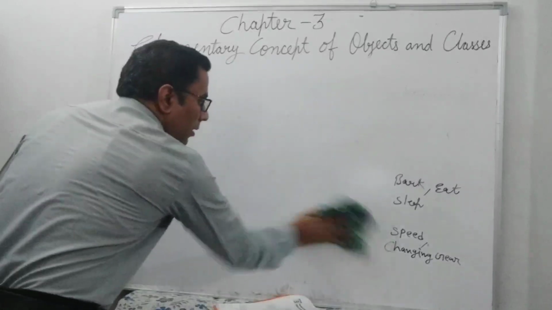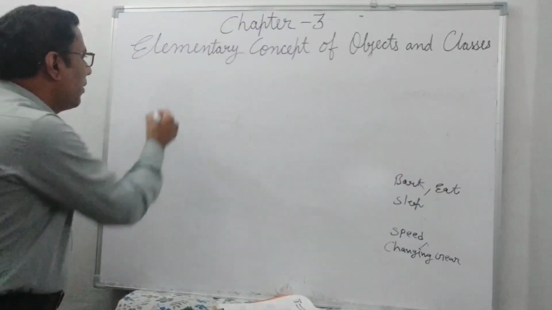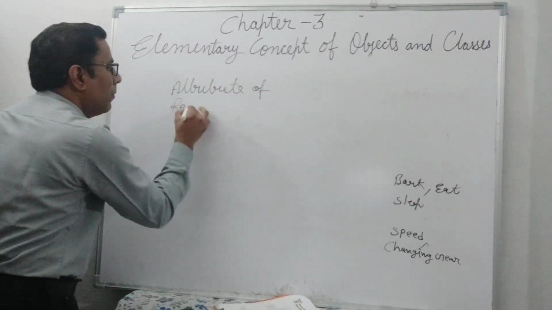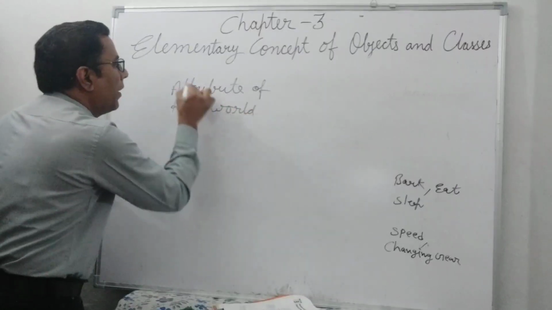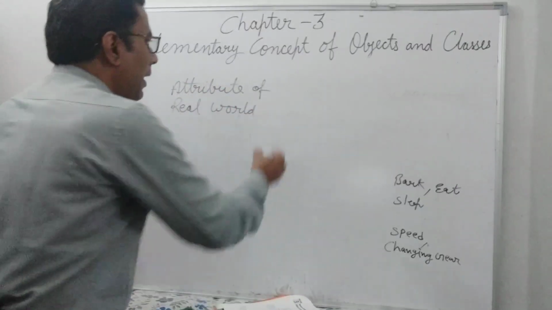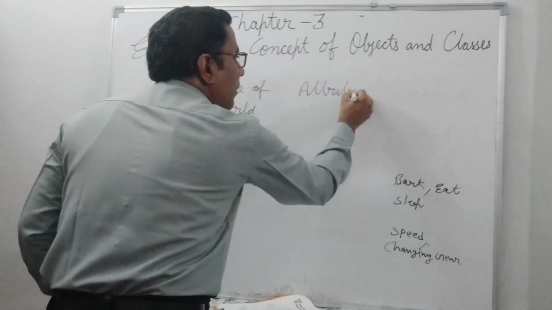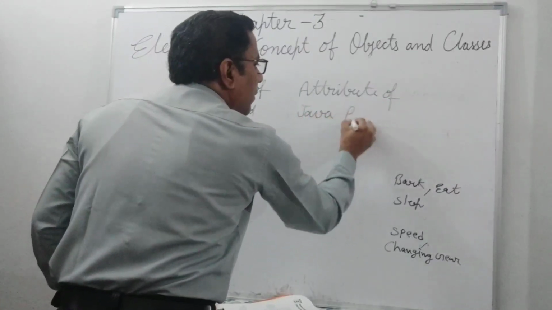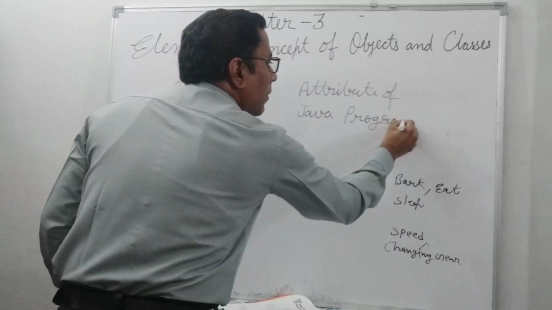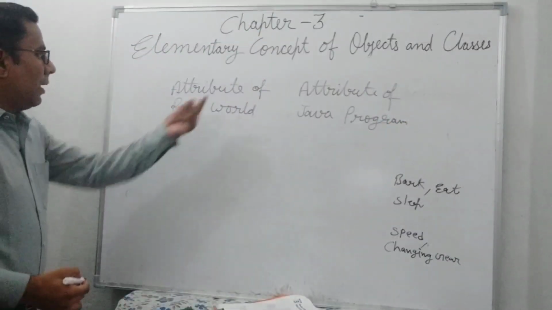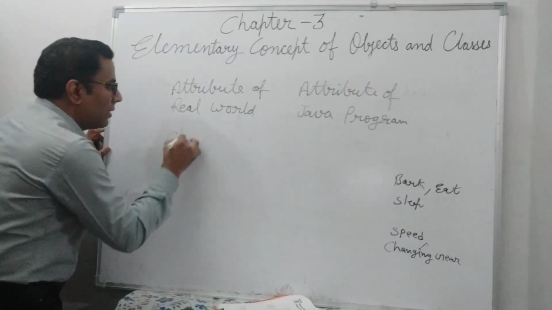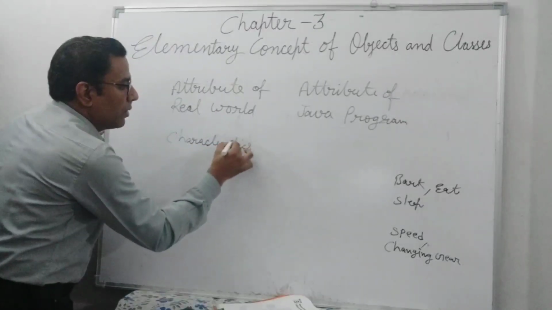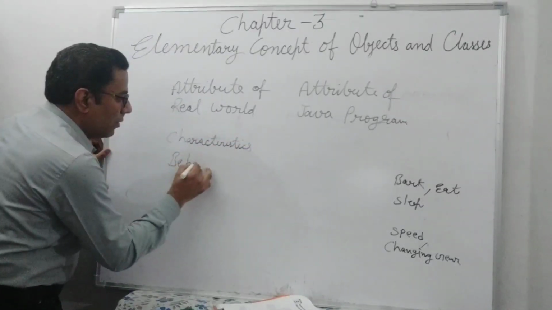So look here, suppose here are the attributes of the real world, and here are the attributes of a Java program. The attributes of the real world are, first, characteristics, and another one is behavior.